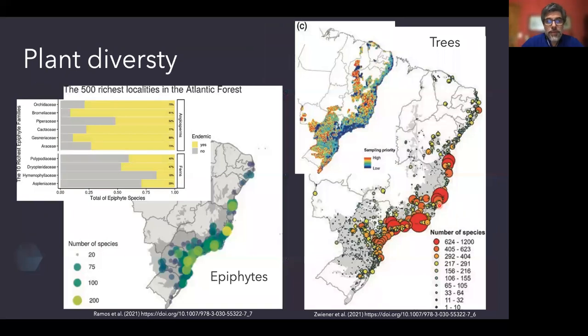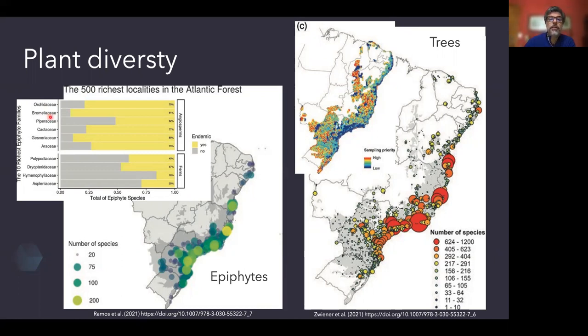Well, when we look at the patterns of plant diversity, we have two kinds of plants here. Here, the epiphytes, the plants that grow on top of other plants, that use other plants as a substrate. They don't touch the soil. There are many of them, including the orchids, which are typical epiphytes, and some bromeliads, not all of them.